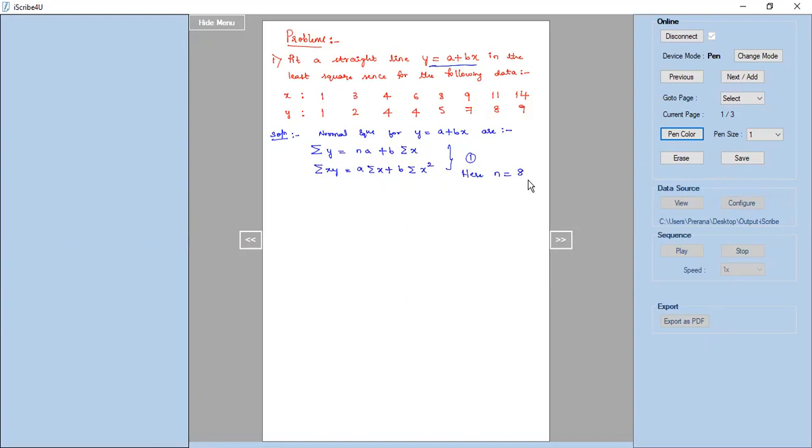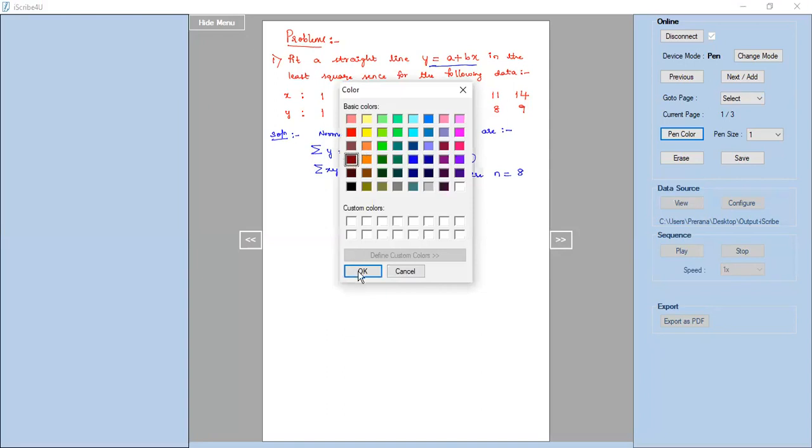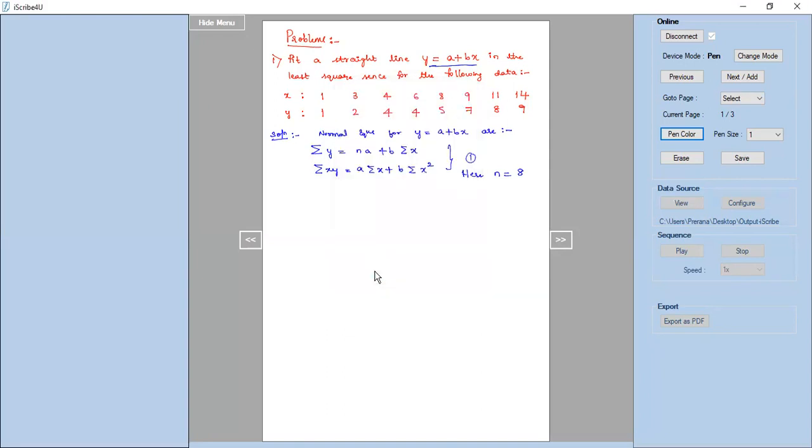Now we'll form the relevant table. The first two columns will always be the values of x and y for us. First column is for x, second column is for y.